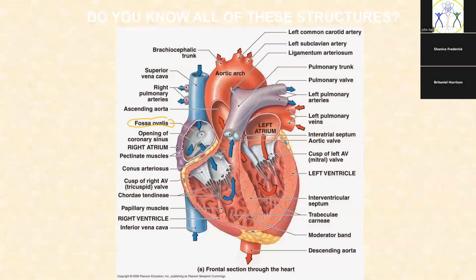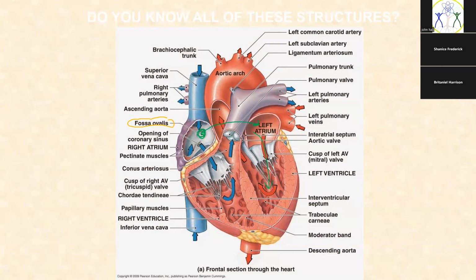So only a small amount of blood needed to go to the lungs just to keep the lung tissue functional. The rest of it could go straight to your body. So the fossa ovalis here, which should have been open when you were a fetus, allowed blood from the right atrium to flow right over into the left atrium and from there to the vena cava and then get pumped to the rest of your body.